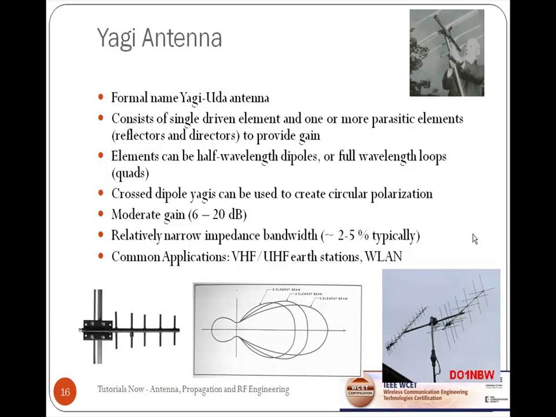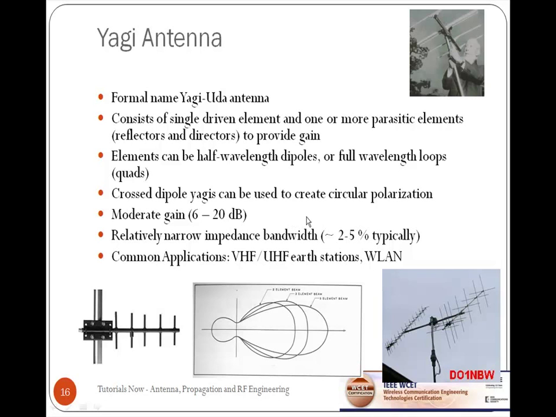The elements can be half wavelength dipoles or full wavelength loops, and that's the reason you see many elements optimized for different frequencies. The cross-dipole Yagi can be used to create circular polarizations.